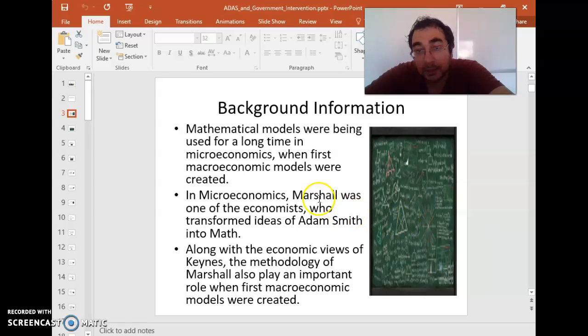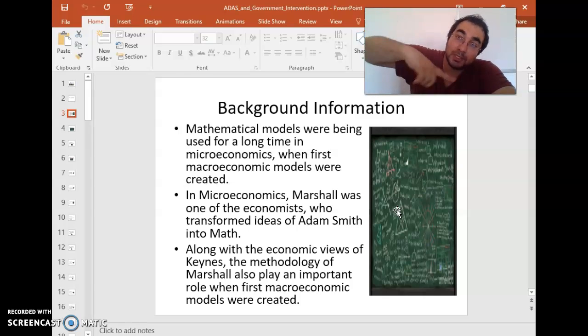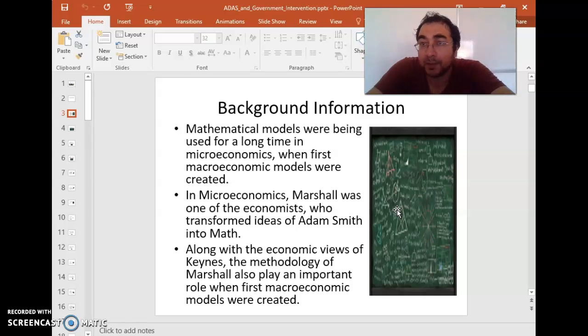The algebraic models were also developed in that era, but especially the idea to represent the economic conditions graphically, which is maybe more visible than algebraic models.